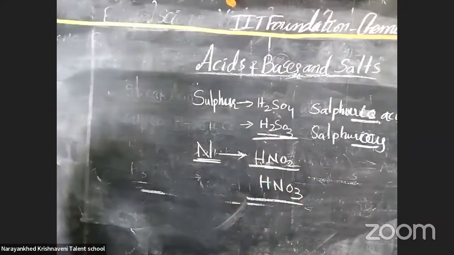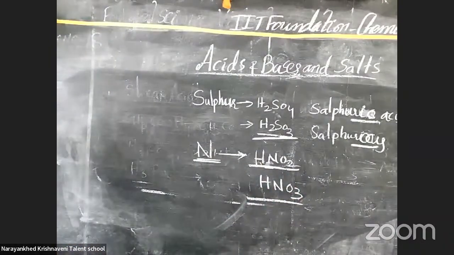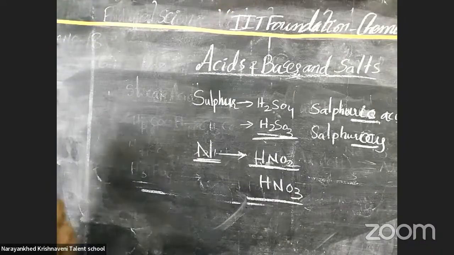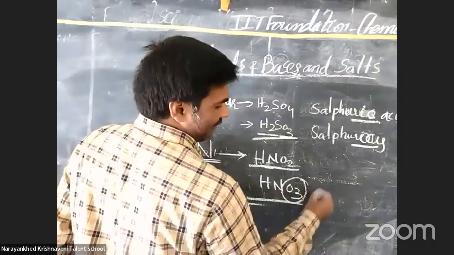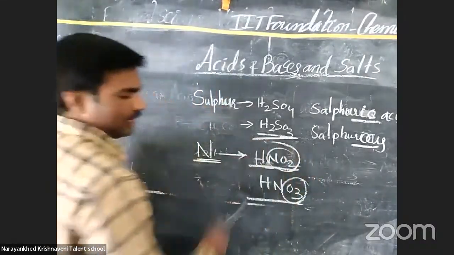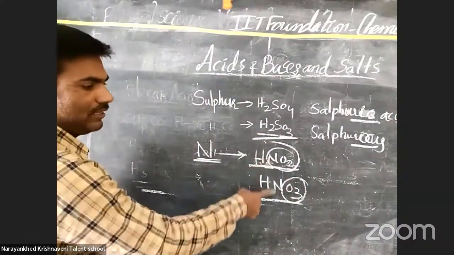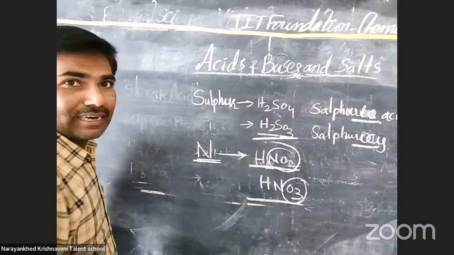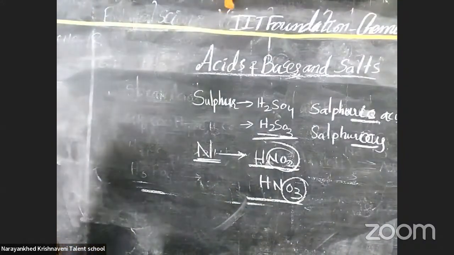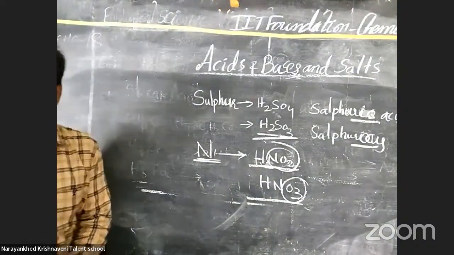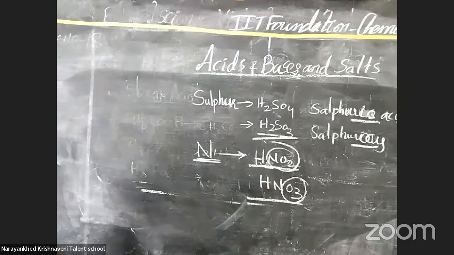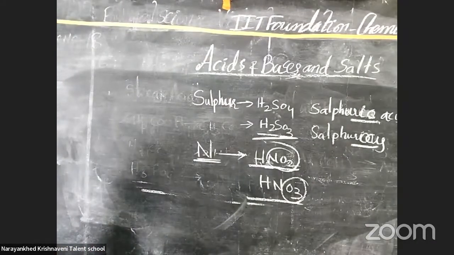This is called nitric acid and nitrous acid. NO3 is nitric, and NO2 is called nitrous. It is the nitrous acid, and it is the nitric acid. Nitric acid. Okay, clear.